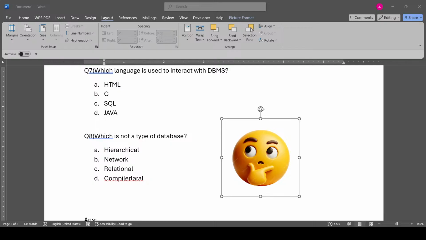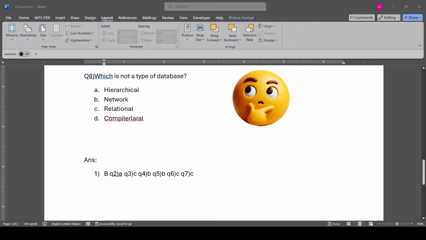Any guesses? Which is not a type of database? Obviously hierarchical is a database, network is also a database, relational is also a type of database. So which is not a database? This is compiler. So this is not a type of database. Question number 8, D.